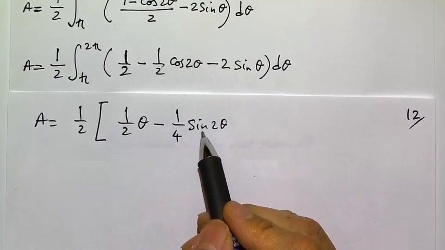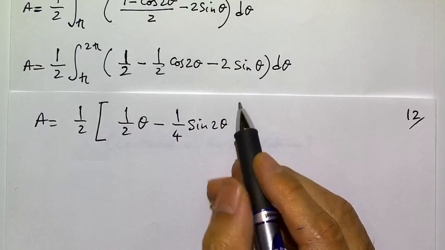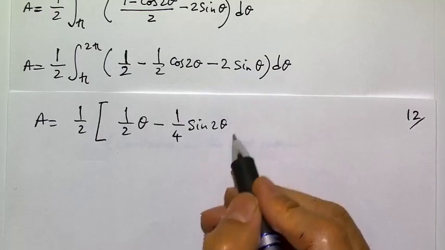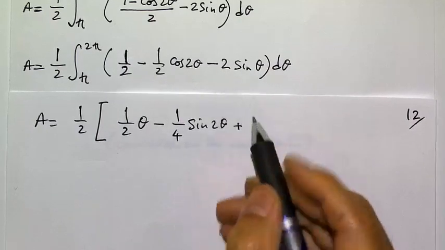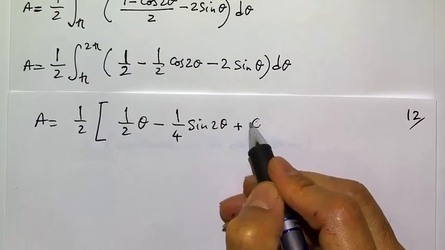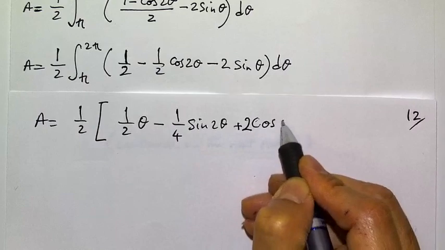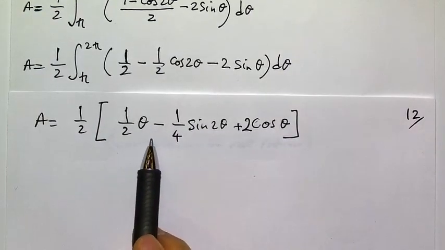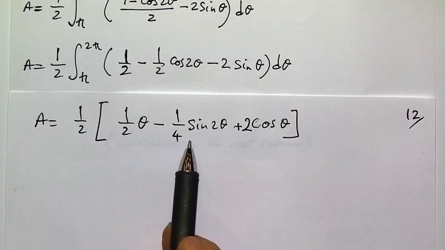So if you have any doubts, you can take the derivative of this, and you should get that. Okay, you can quickly verify that. And then, of course, this will be positive, since we need to keep the negative positive. Positive 2 cosine of theta. Okay, I'm just double checking this to make sure that I don't have any errors.